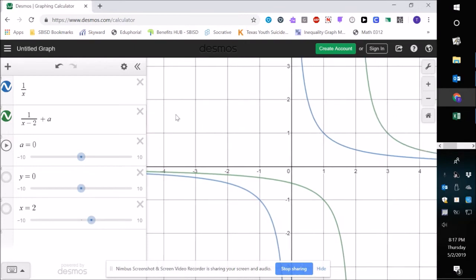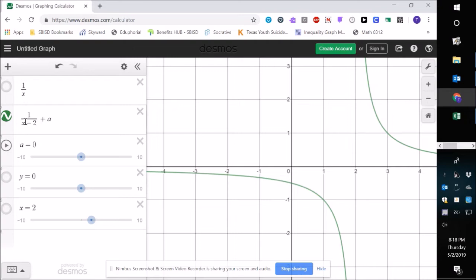and then I'm going to deactivate the parent function, the blue graph. What we're going to focus on is the plus a. And you're going to see how it's going to connect with the horizontal asymptote. So just like how we did in 8.4, since we have a number in the numerator, that means that the degree is 0. The degree in the denominator is 1.